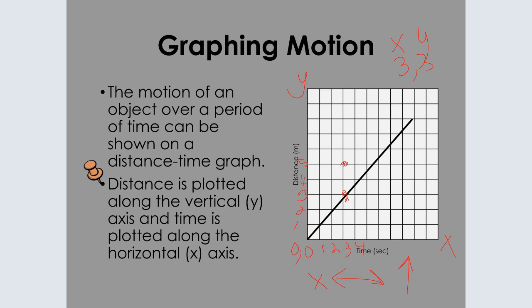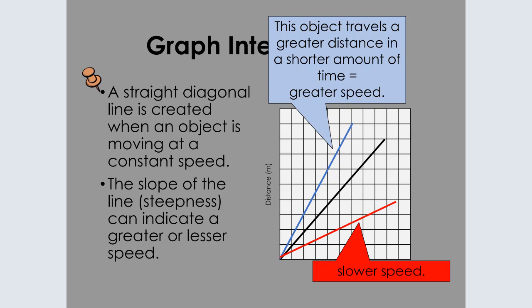This is a straight line. A straight diagonal line is created when an object is moving at constant speed. Okay, so we're looking at constant speed here. The steepness of the slope makes a difference as far as the speed.